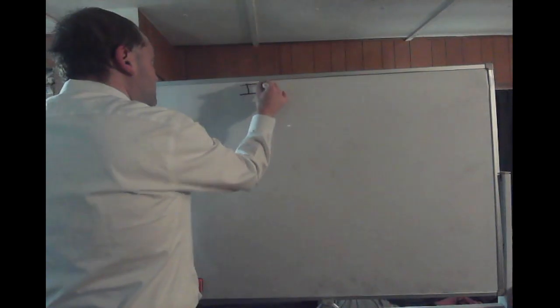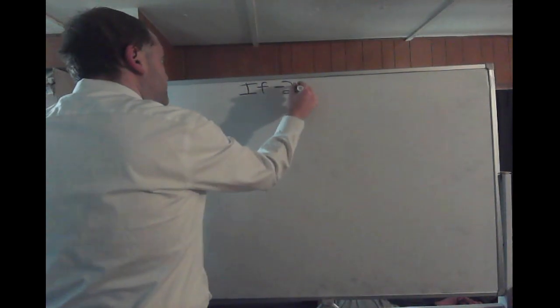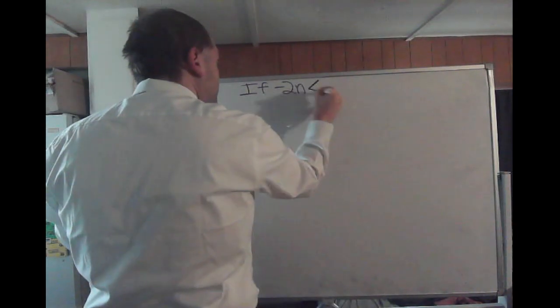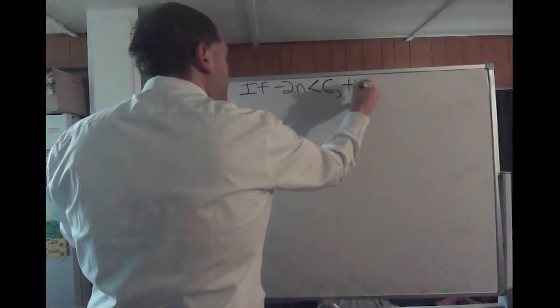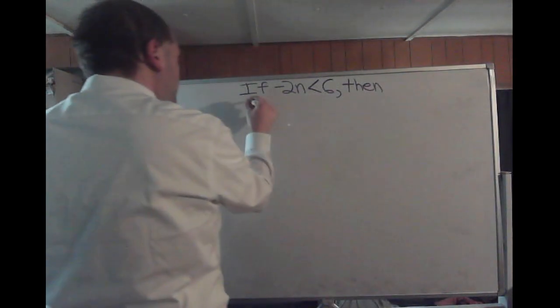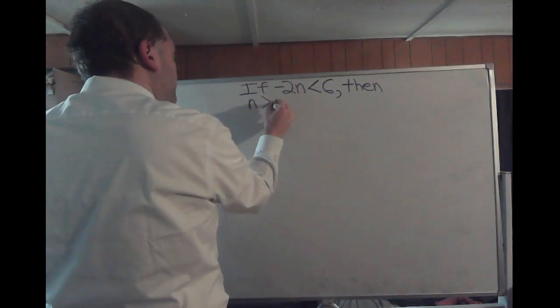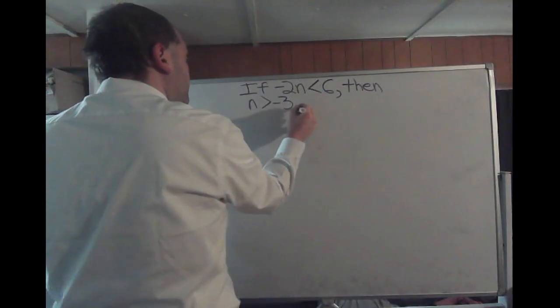So let's go ahead and do the original statement. If negative 2n is less than 6, then n is greater than negative 3.